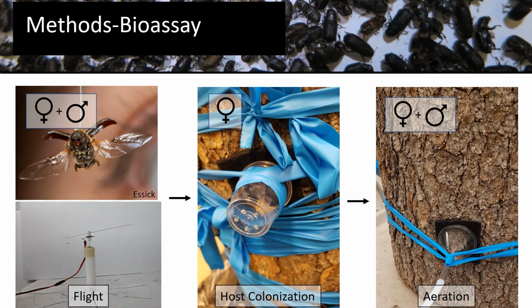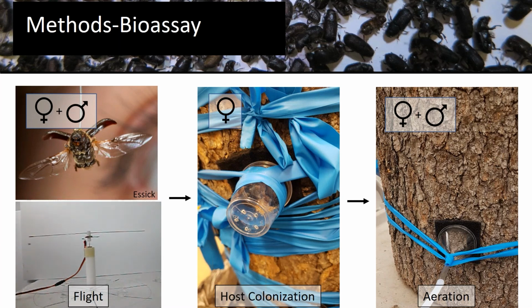Following the application of this flight treatment, both flown and control beetles were introduced into uninfested lodgepole pine bolts. The beetle activity, shown in the middle panel of this slide, was monitored for 72 hours to determine if and when the females entered the host.